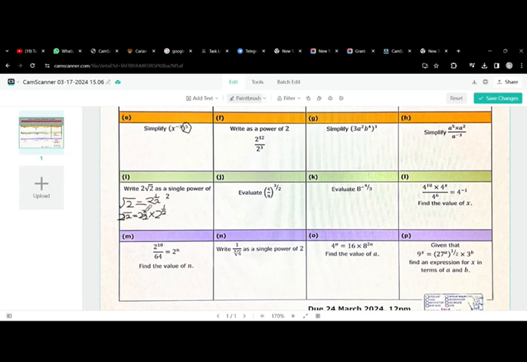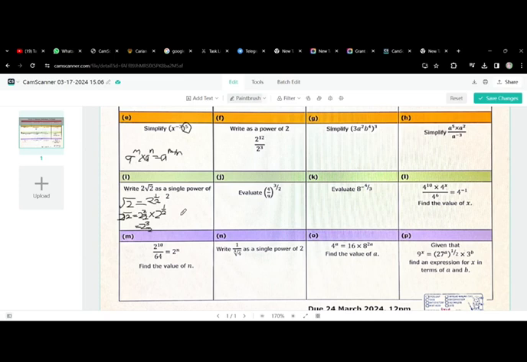So now we use 2 over 2 plus 1 over 2, we'll get 2 power of 3 over 2. So now, you may be wondering why it's plus instead of times the indices, since a to the m times a to the n equals a to the m plus n.